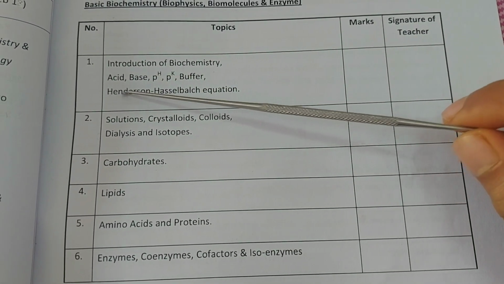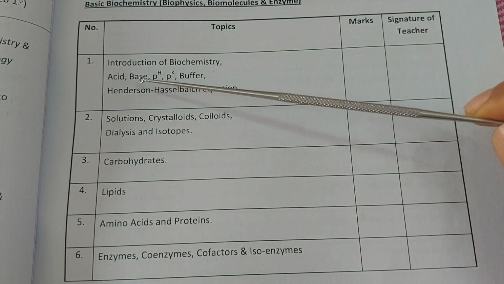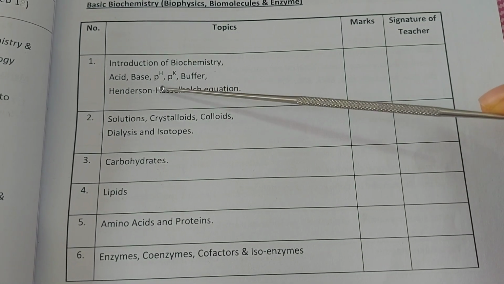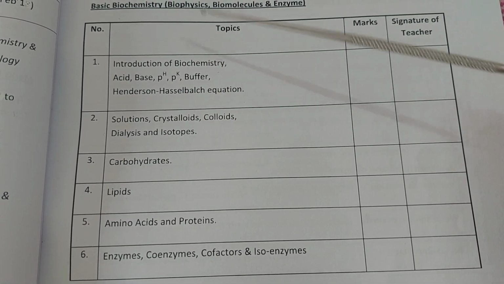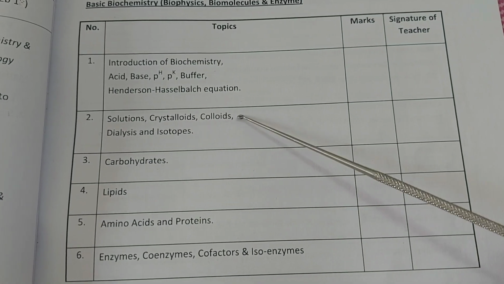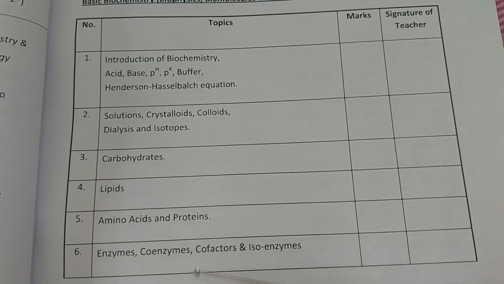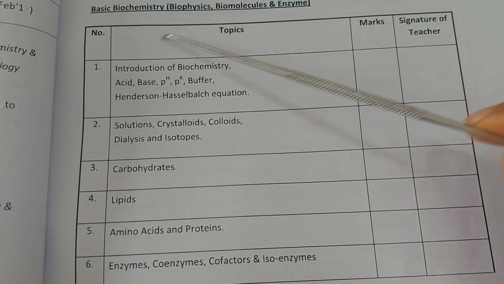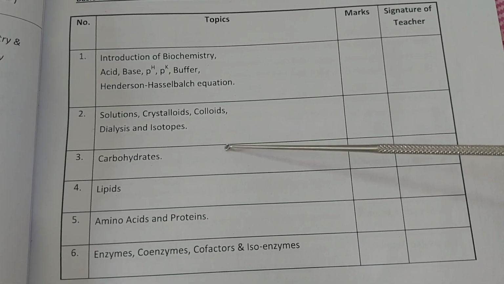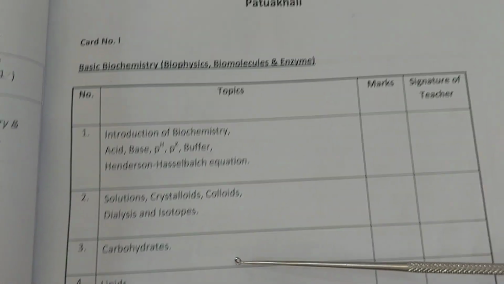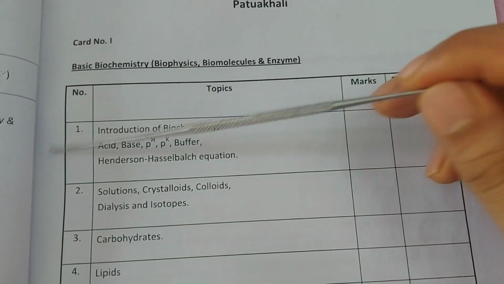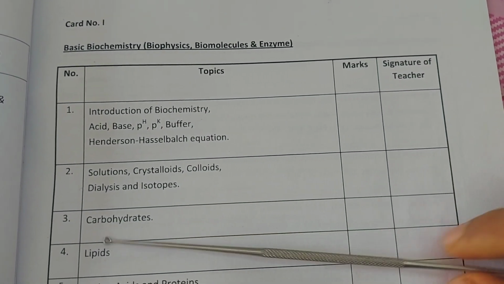Here is the introduction of biochemistry; acid, base, pH, pK, buffer, Henderson-Hasselbalch equation; then solution; then carbohydrate, lipid, amino acid; enzyme, coenzyme, and cofactors. These 6 are the components of the first card, and we will learn them one by one.